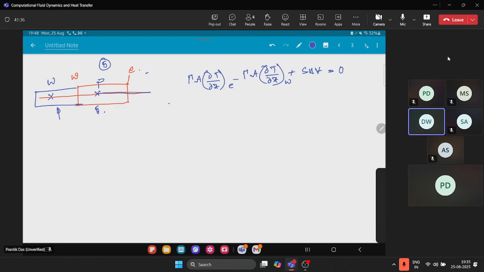So gamma A, TE or TB you can write. The rod actually looks like this, this one is TB and this one is TA. 1, 2, 3, 4, 5.